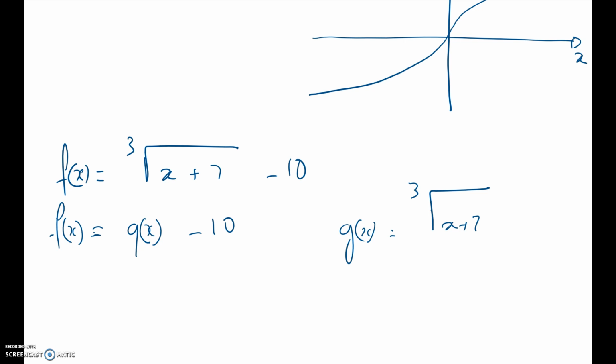Right now I'm just focusing on the fact that cubic root of x plus 7 can be considered as a function of x on its own, and I'm going to call it g of x equal cubic root of x plus 7.